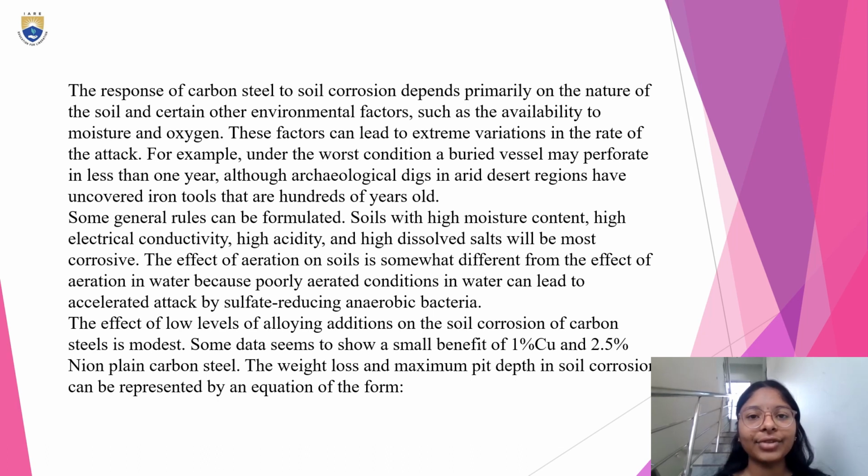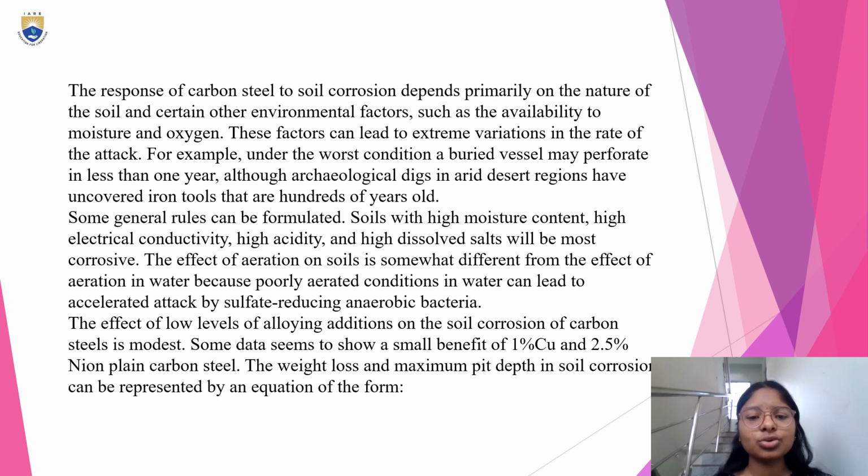corrosive. The effect of aeration in soils is somewhat different from the effect of aeration in water, because poorly aerated conditions in water can lead to accelerated attack by sulfate reducing anaerobic bacteria. The effect of low levels of alloying additions on the soil corrosion of carbon steels is modest.